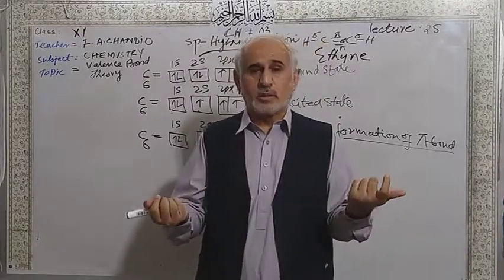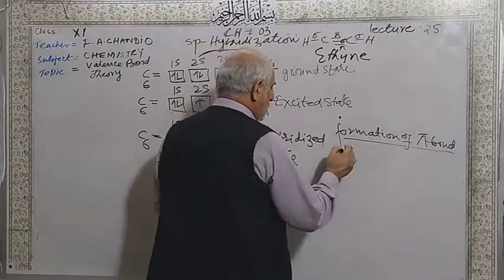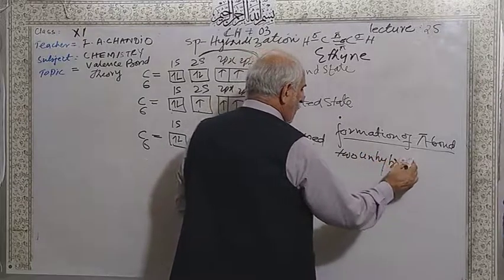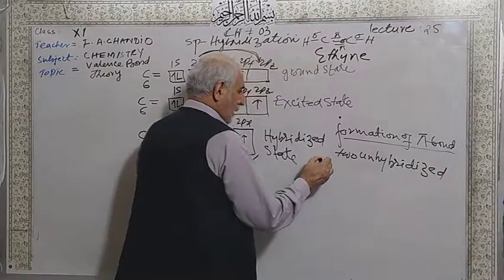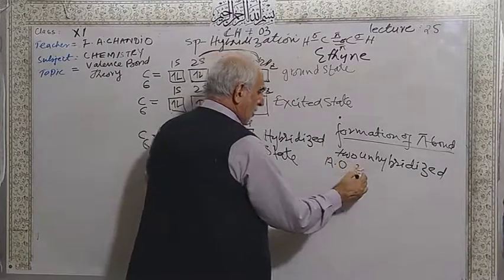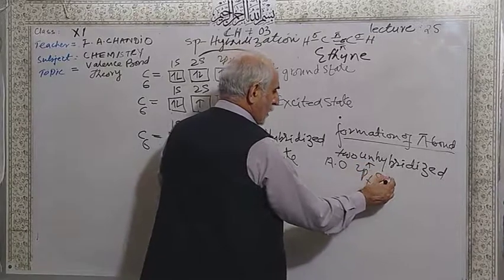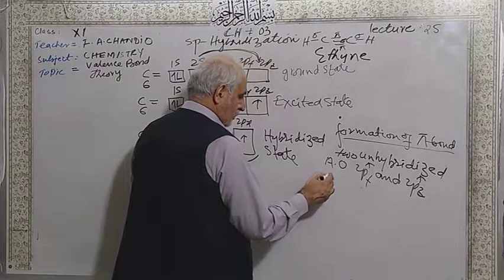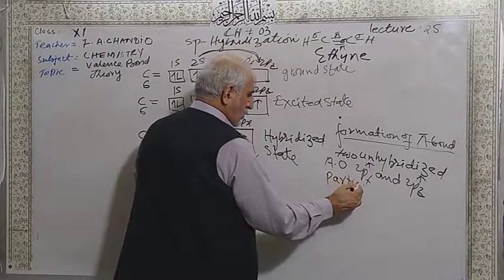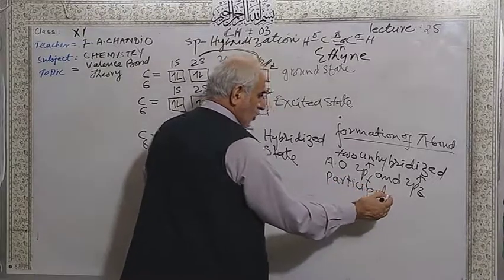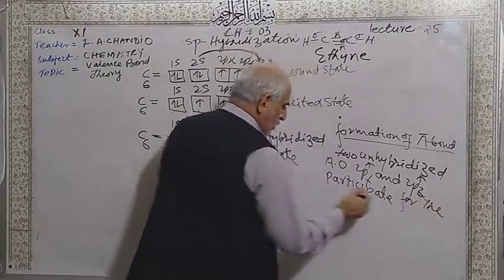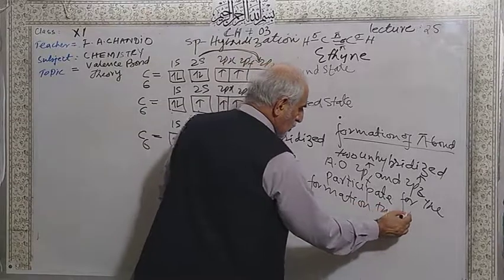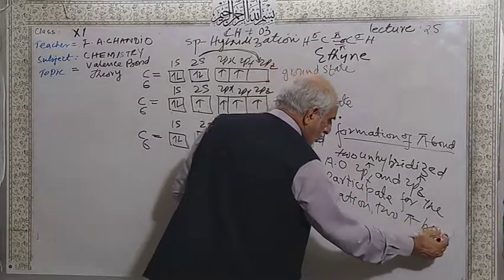So these two unhybridized atomic orbitals, 2py1 and 2pz1, participate for the formation of 2 pi bonds.